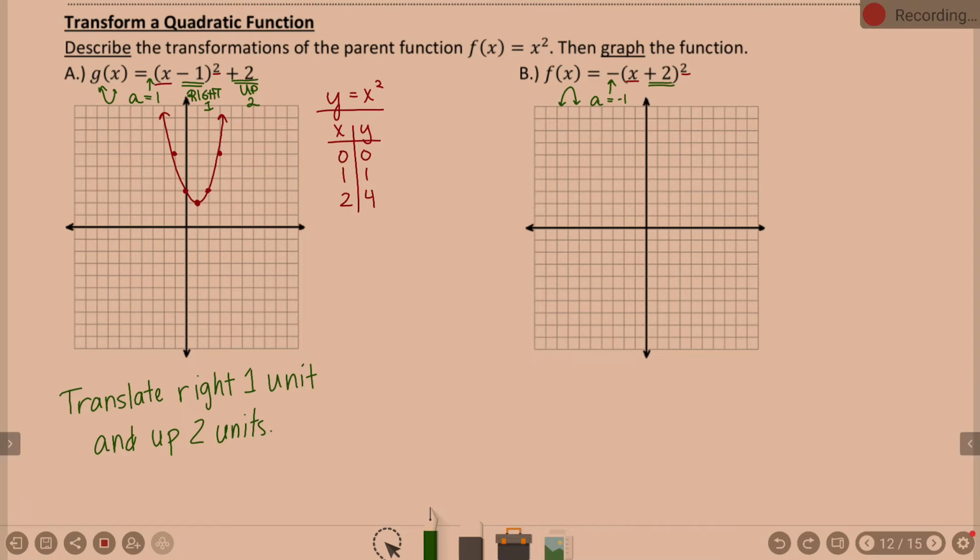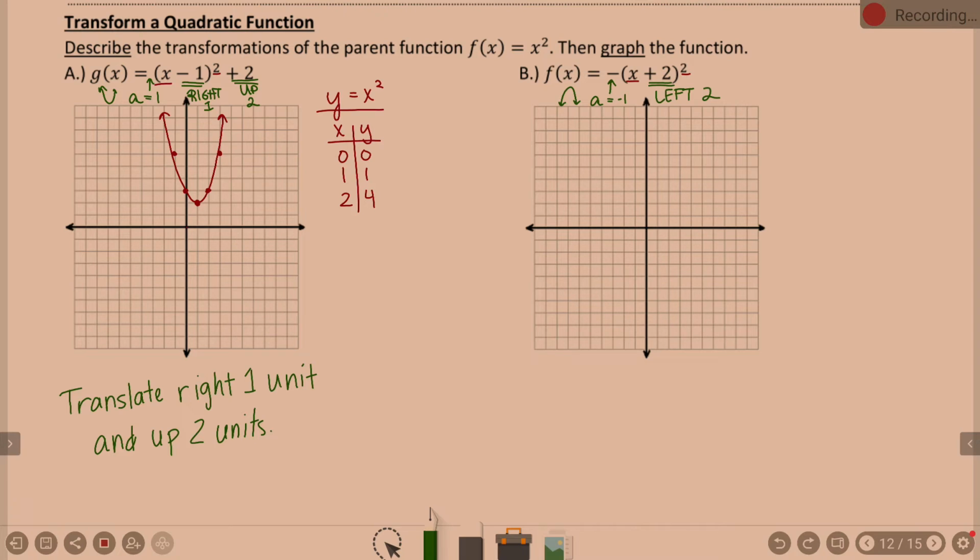What's that +2 do? Okay, it's in the parentheses, so it's left to right, opposite the sign. So +2 is going to tell me to go left 2.